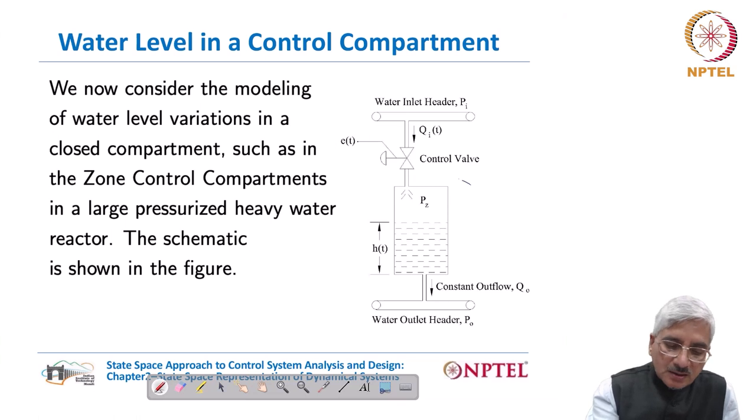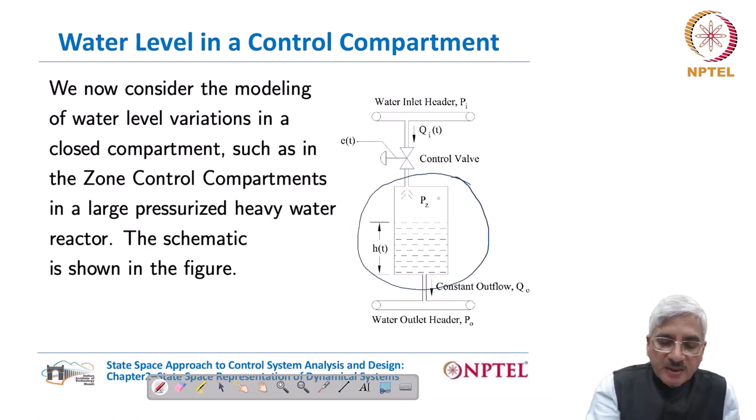Essentially, this is the zone control compartment. It is pressurized to a pressure PZ, and it is connected between one water inlet header, which is maintained at pressure Pi, and one water outlet header, which is maintained at pressure P0.